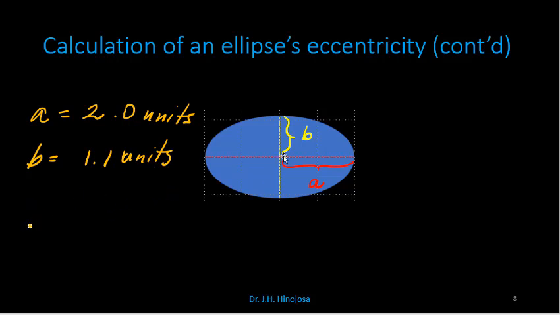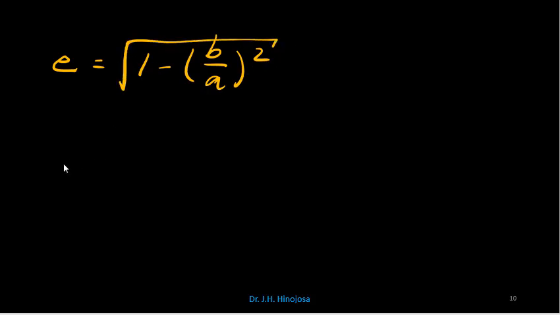And so we have that the eccentricity is equal to 1 minus the ratio of B to A quantity squared, and we take the square root of that. So let's figure out what this is going to be. If we substitute in the values, we get E is equal to the square root of 1 minus 1.1 over 2.0 quantity squared.